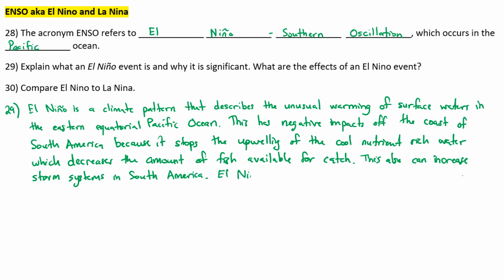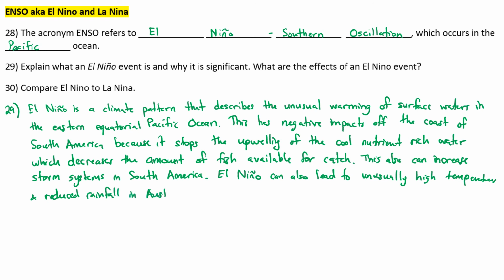El Niño can also lead to unusually high temperatures and reduced rainfall in Australia.